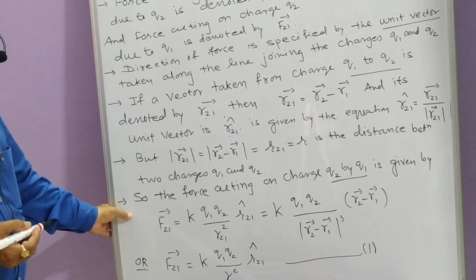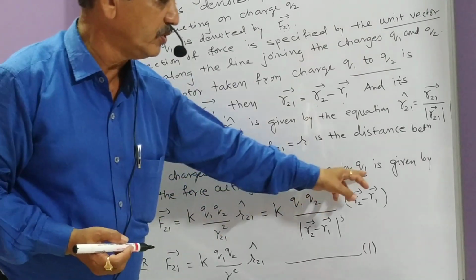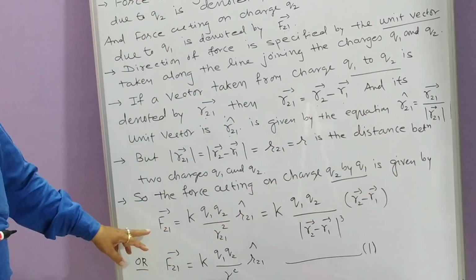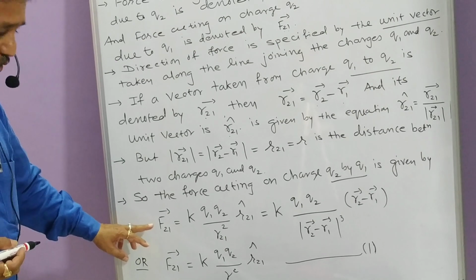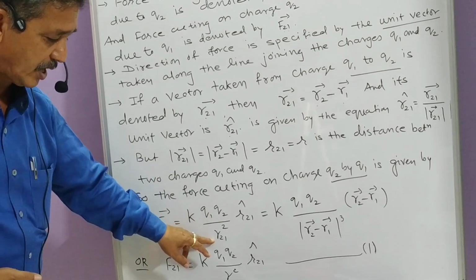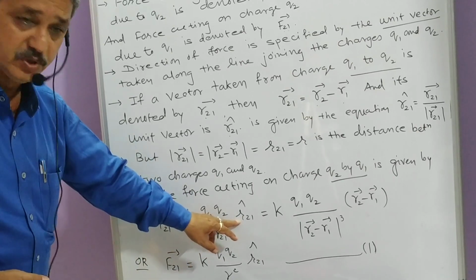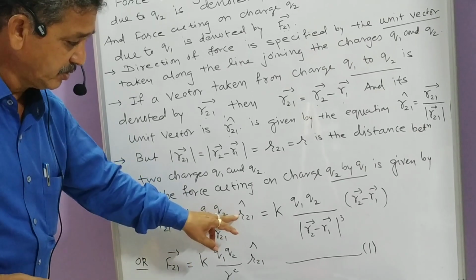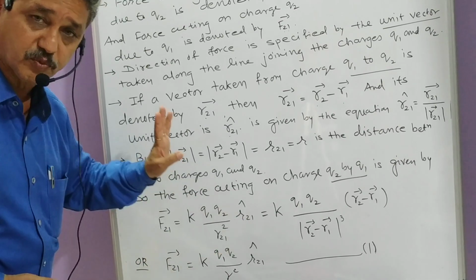So the force acting on charge Q2 by Q1 is given by Coulomb's law: vector F21 equals K Q1 Q2 upon R21 square into the direction of unit vector R21.